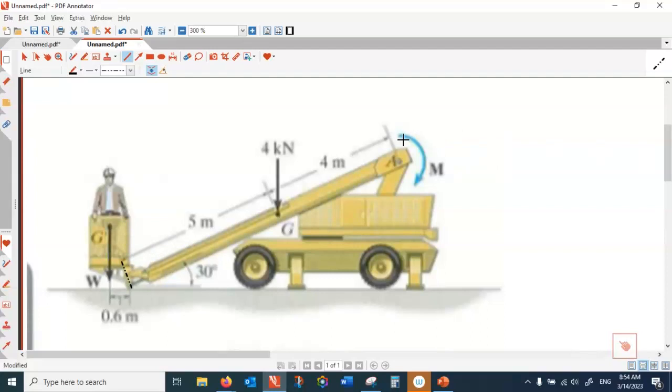Obviously you need to have the rotations balanced. So there is a rotation due to the M with respect to point G. With respect to point G, the rotation is M, and that is negative M. With respect to point G, what is the rotation? Let's bring all the rotational effect to one single point.